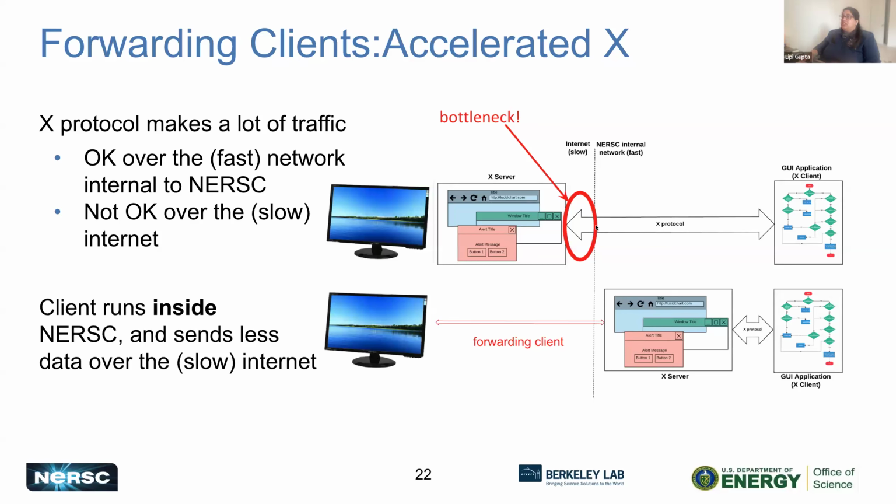So the internet on the outside of NERSC, my internet, your internet, is very slow relative to what's happening on the inside. And this is that bottleneck. Imagine taking a huge amount of data and squishing it to get it through a really small hole. So we have these forwarding clients which run the application and the GUI server inside of NERSC, and then just forward the information to you. It's a smaller amount of information that needs significantly less bandwidth, and therefore is much faster to run.